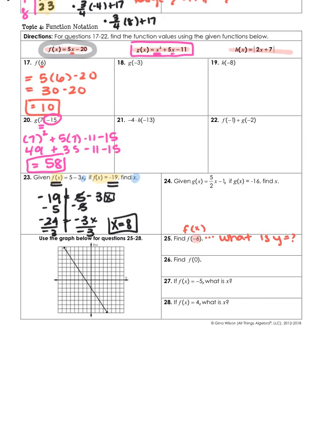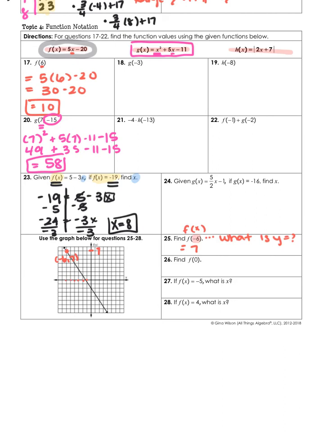So at negative 6, my y value is here, right? This is where my x is negative 6. That y value is 1, 2, 3, 4, 5, 6, 7. So your y value is 7. So you would say equals 7. So you're going to do 26 the exact same way.